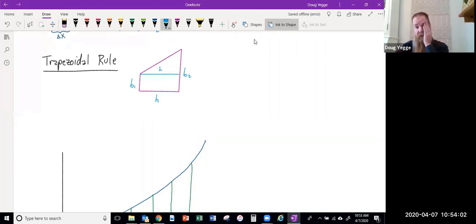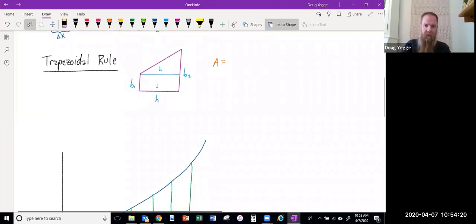So let's try to find the formula for this. So if I wanted to find the formula for the area of this, well, the area is going to be equal to the area of the rectangle right down here, plus the area of this triangle way up here.